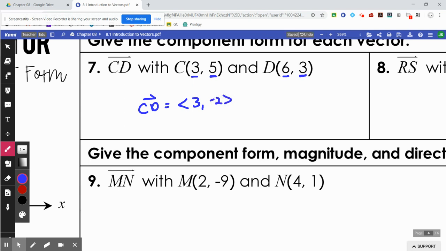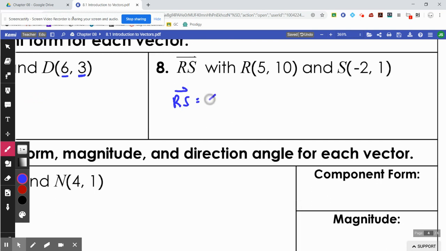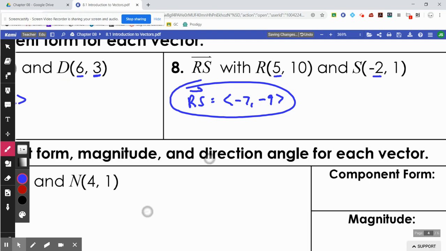So pretty much you have moved it from where it was to the origin with that simply subtracting them. Vector RS here, written in component form. Again, simply subtract your x's. -2 minus 5 gives you a -7. Subtract your y's. 1 minus 10 gives you a -9. That is the exact same vector with its initial point at the origin.